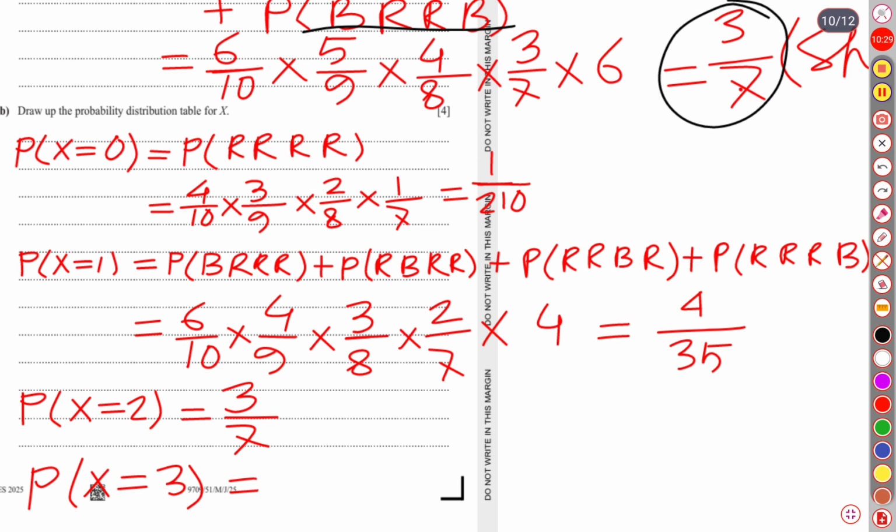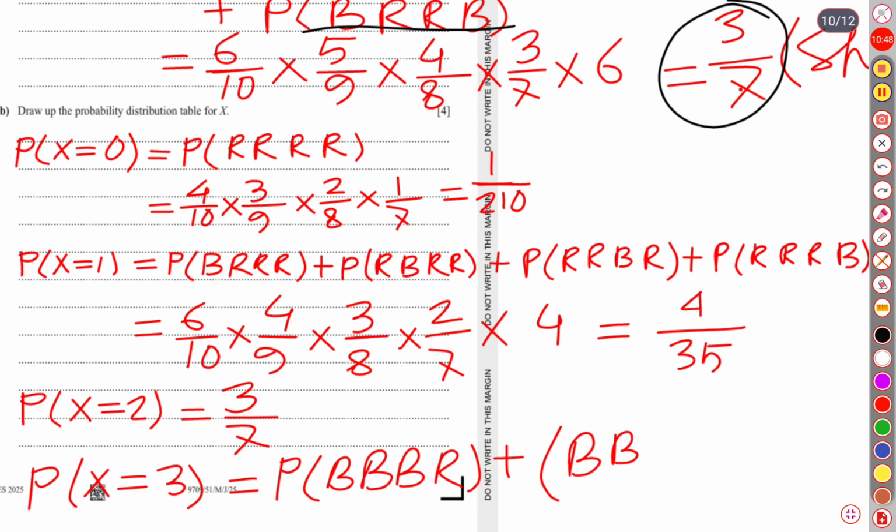Suppose first 3 are blue, that means final one is red. Or first 2 are blue, then third one is red, fourth one is again blue. This is the second possible case.